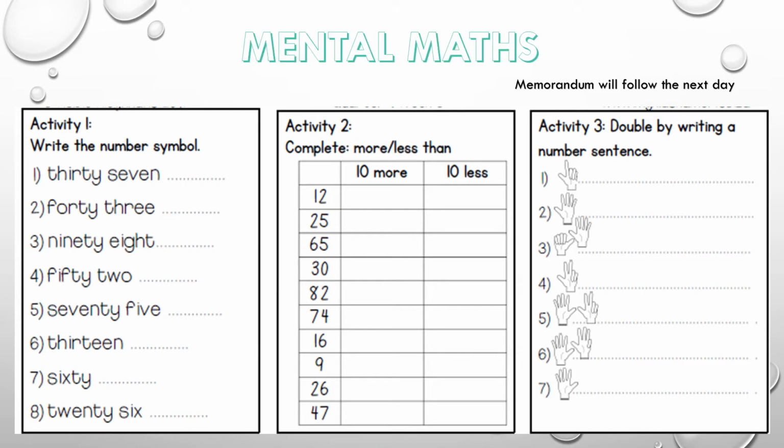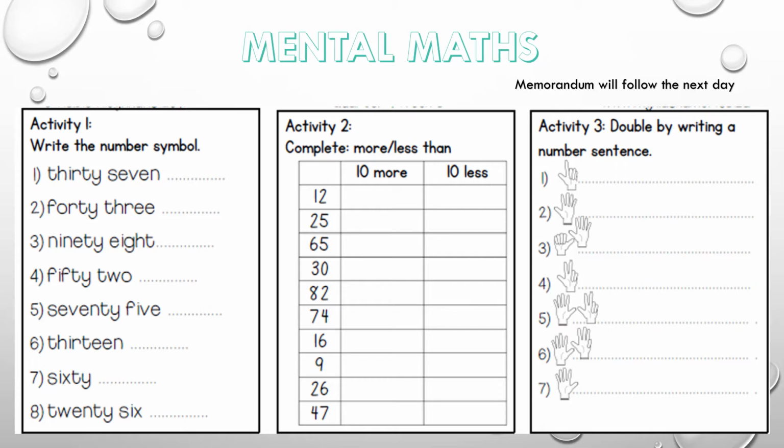But first, mental math. Today you have 3 activities. Activity 1, write the number symbol. That's very easy. Activity number 2, complete more or less than. So 10 plus 10 and minus 10. And then activity number 3, double by writing a number sentence.